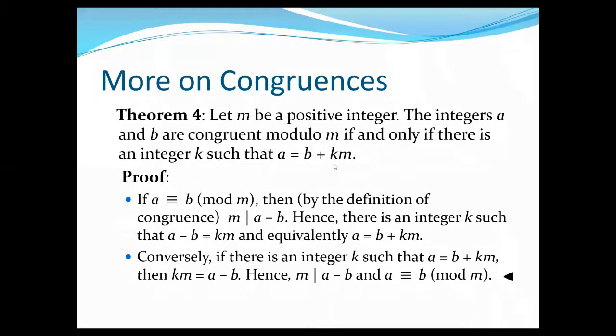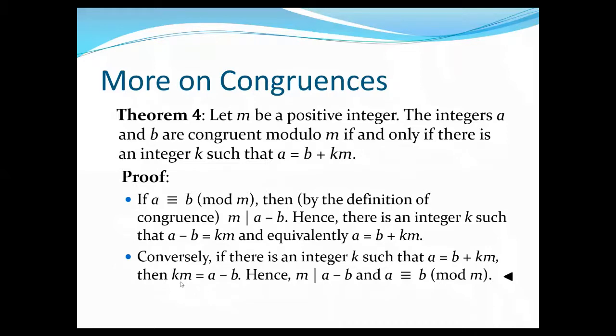And also, just to prove it the other way, we have this equation, a equals b plus km. So transfer b to the left side, and we have a minus b equals km. And based on the definition of divisibility, any integer multiplied to m is equivalent to a certain integer.